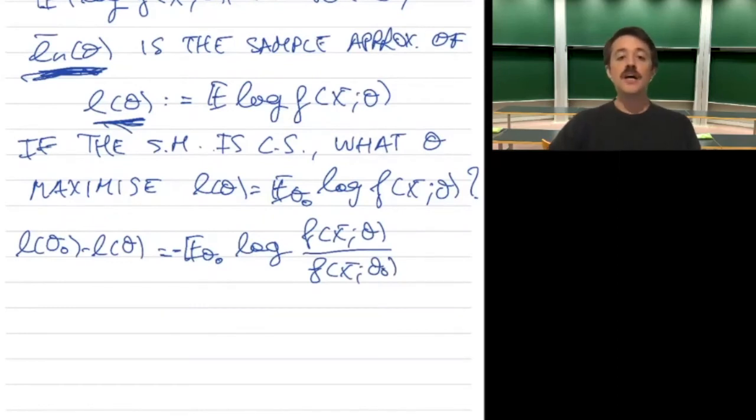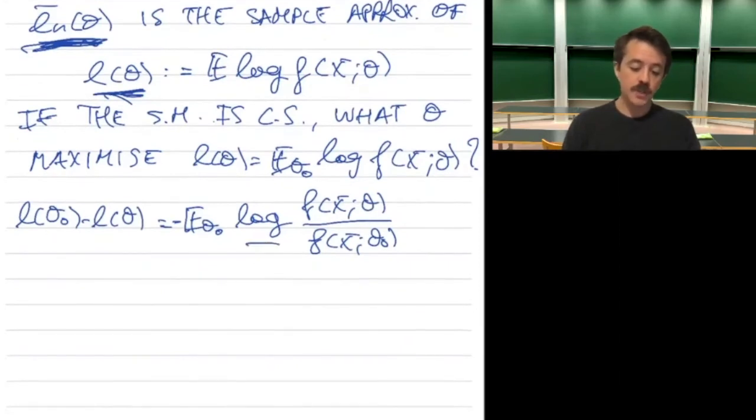Now what we can use is Jensen's inequality, because we have a logarithm, and actually with a minus.